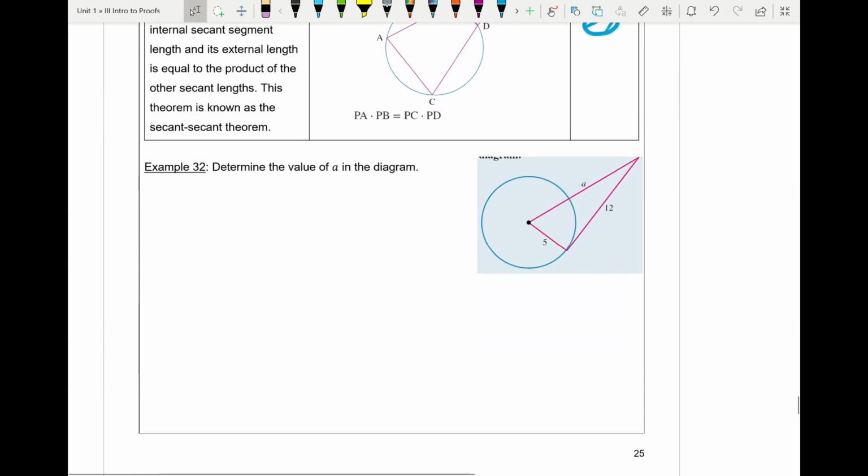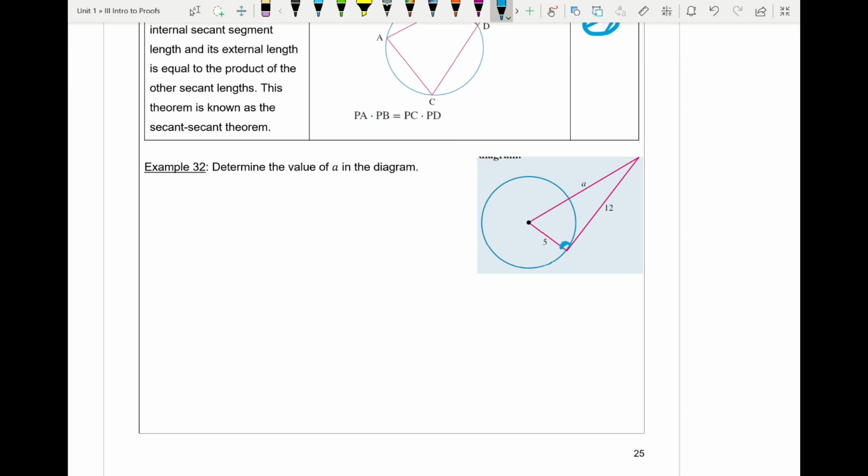Okay, so example 32, asked to find the value of A. Some of the more astute of you will probably recognize immediately that this is going to be a Pythag triangle. So we have this line here coming out to the tangent, so that has to be 90 degrees.